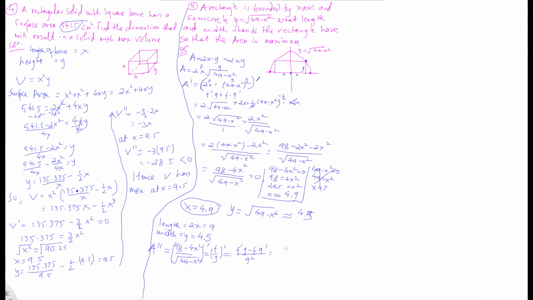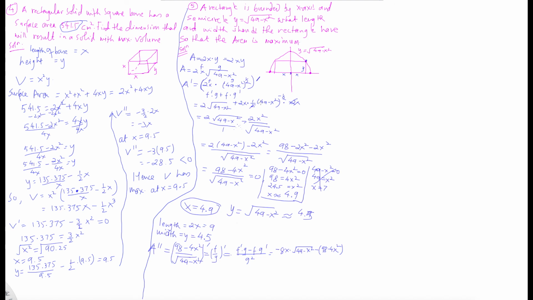It is negative 8x, times g, which is the root of 49 minus x squared, minus f, which is 98 minus 4x squared, times g prime.